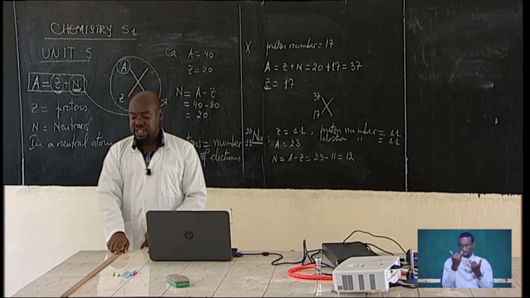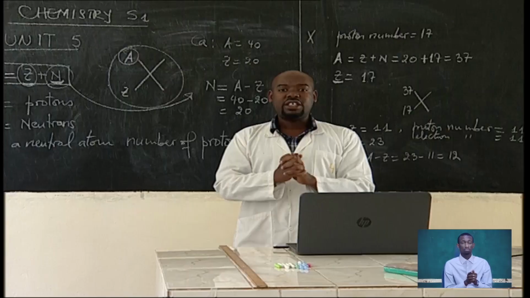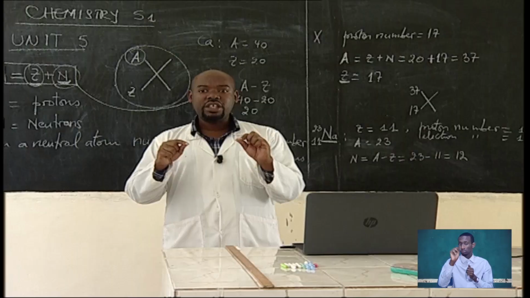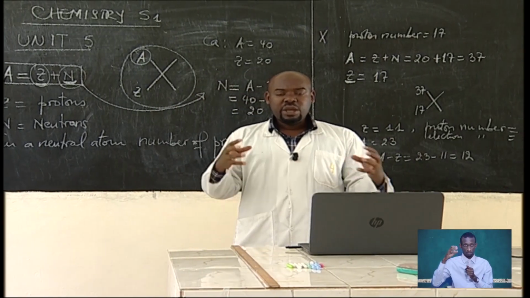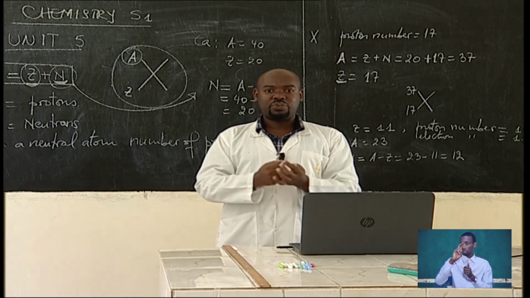Now, we have been saying that protons and neutrons are located in the nucleus, and electrons are located around the nucleus. Imagine how we know the solar system.